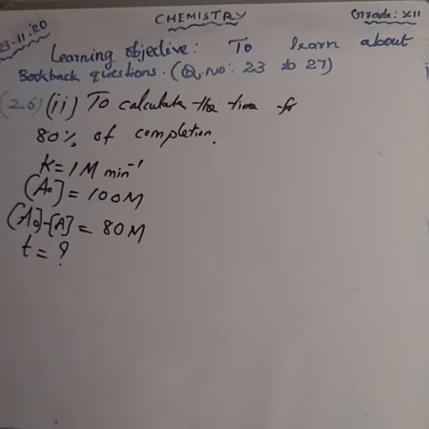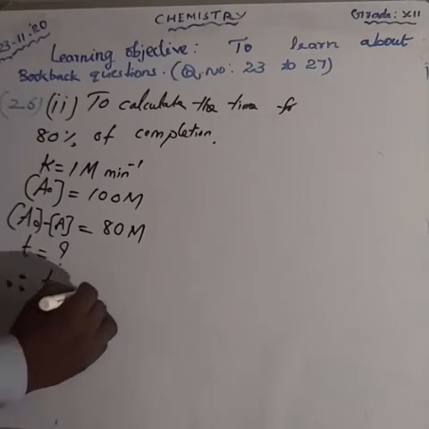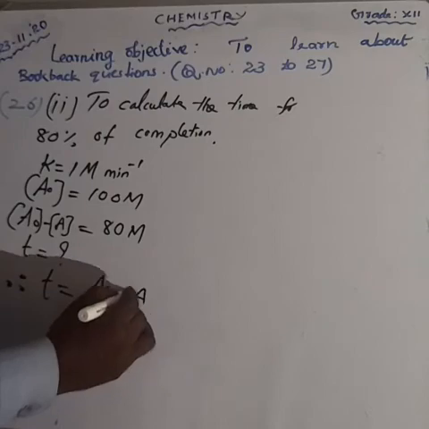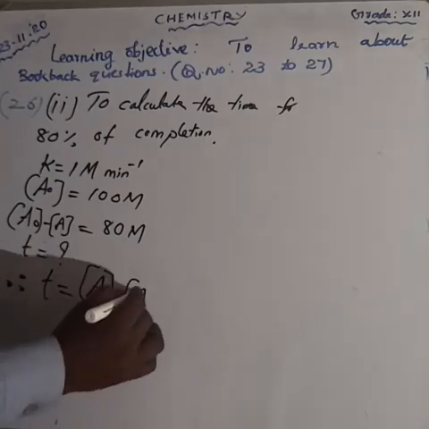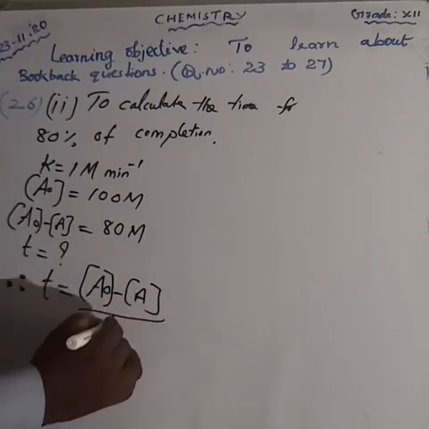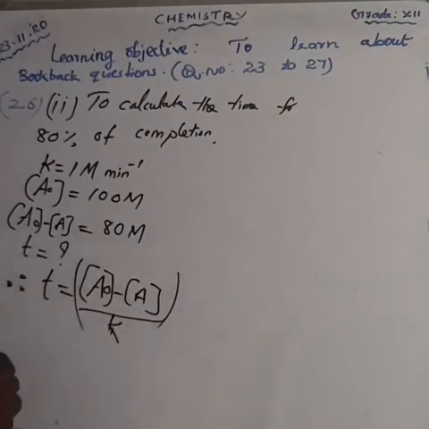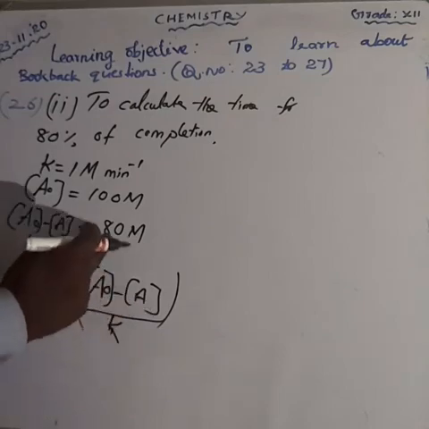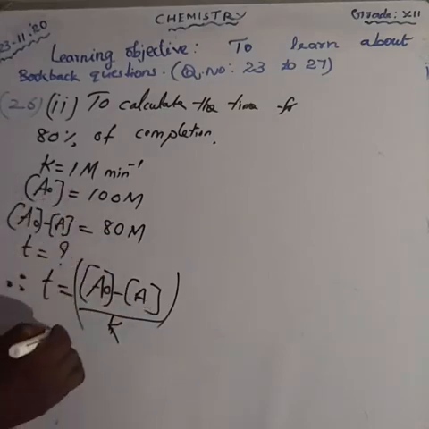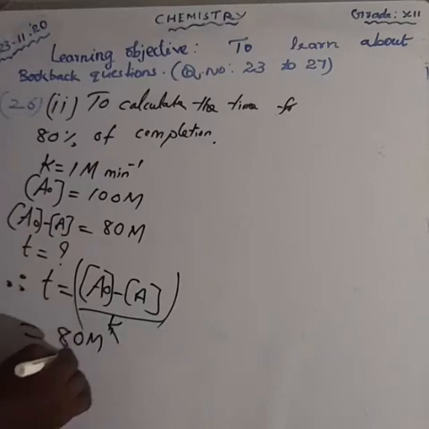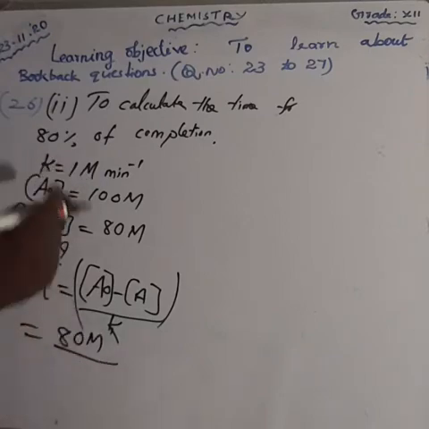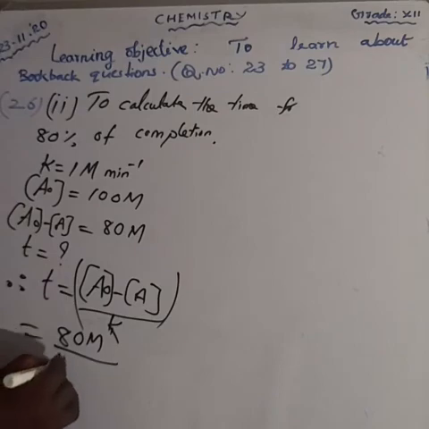We know the formula: T is equal to A naught minus A by K. Here A naught minus A is equal to 80, divided by K, which is 1 per minute.